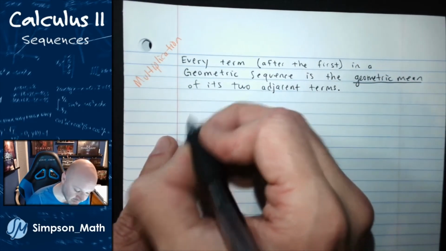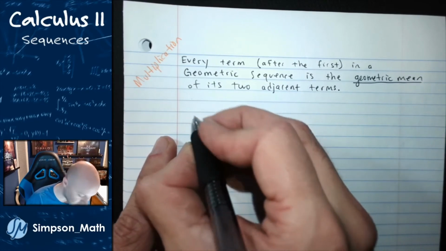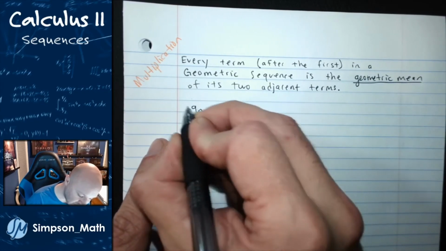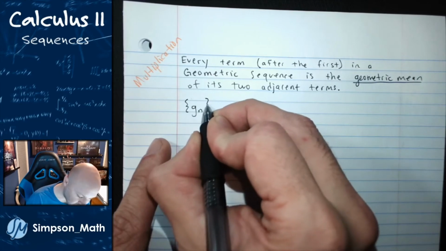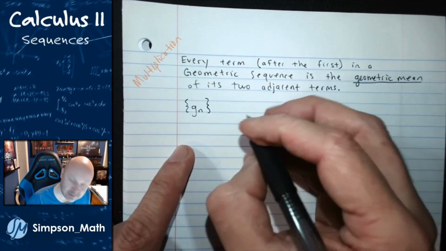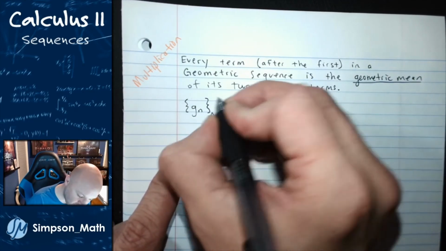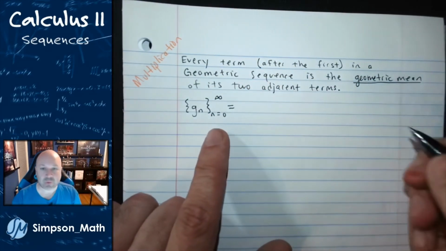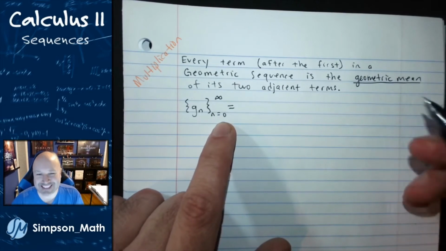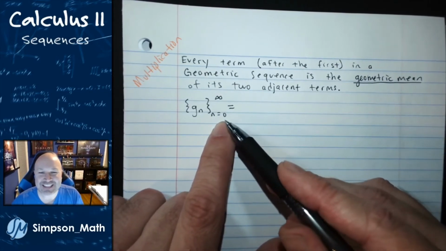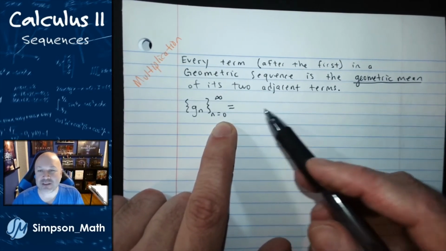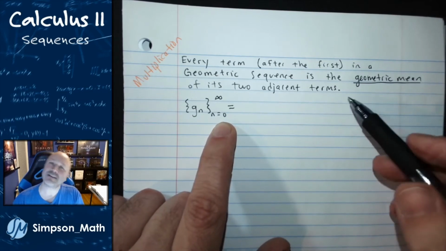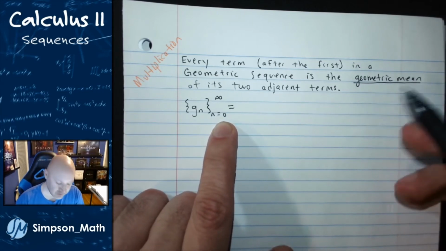Let me put a sequence down here. I'll call it G sub n. I'm going to index it, starting at 0 and going into infinity. By changing the indices, starting at 0, I think the closed form will be nice and convenient, like it was with the arithmetic sequence.